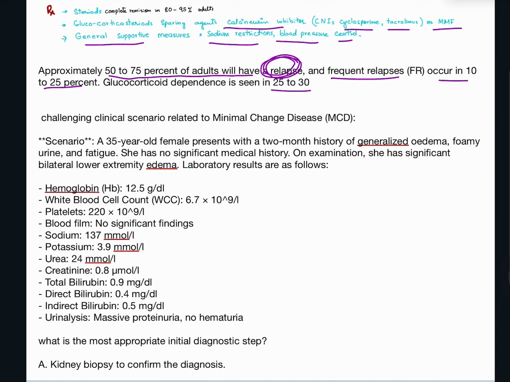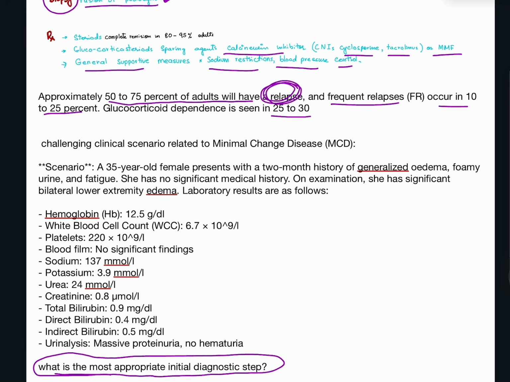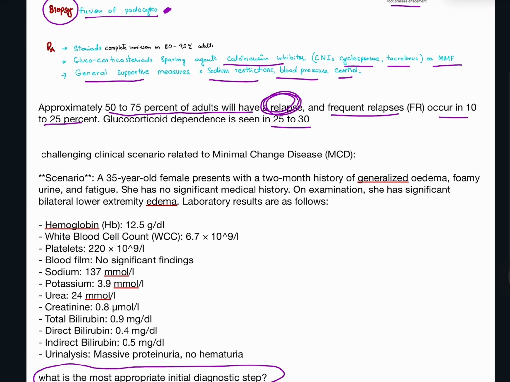In this scenario, the question is, what is the most appropriate initial diagnostic step? A 35 year old female presents with a 2-month history of generalized edema, foamy urine, and fatigue. She has no significant medical history.